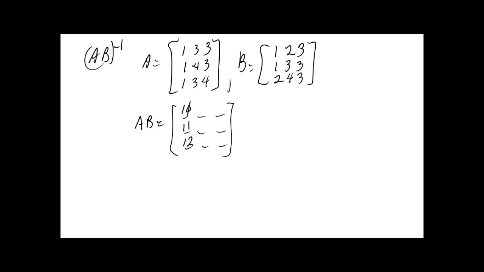Now the next column would be 2 plus 9, which is 11, plus 12, which is 23. Next, going down: 2 plus 12 is 14, plus 12 more is 26.